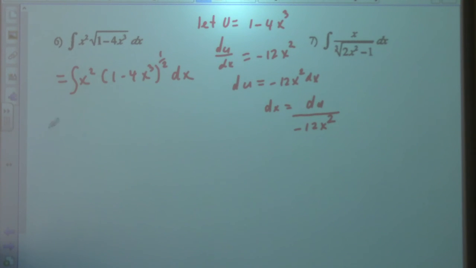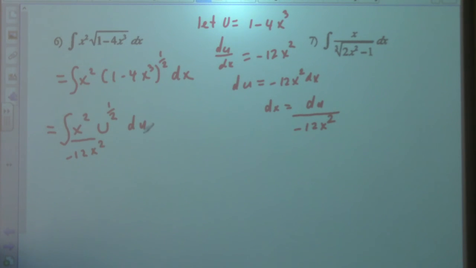So now we just rewrite this thing with the u's in here. We got our x squared right here, and we got our u to the 1/2, and then we have replacing dx with du over negative 12 x squared.